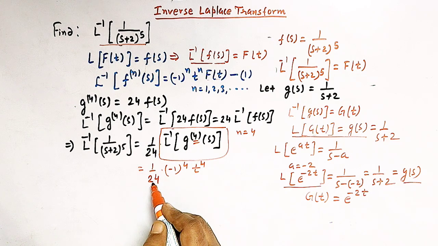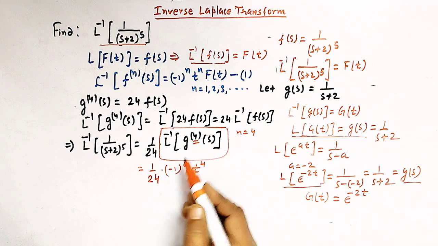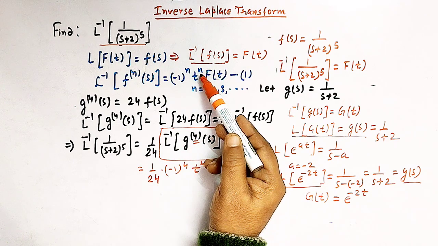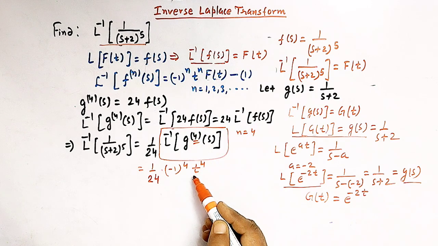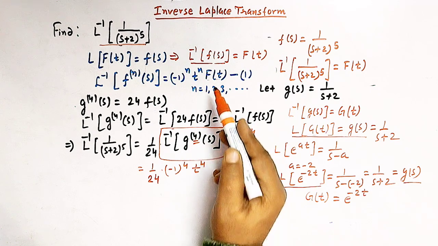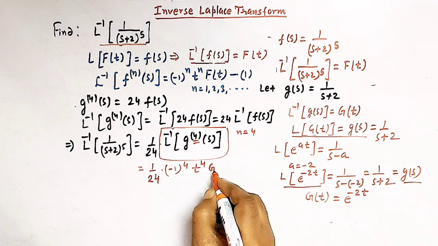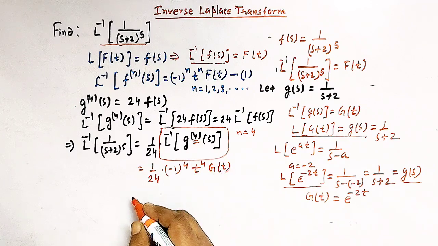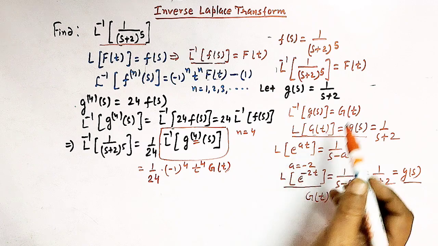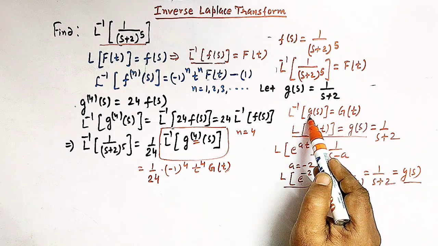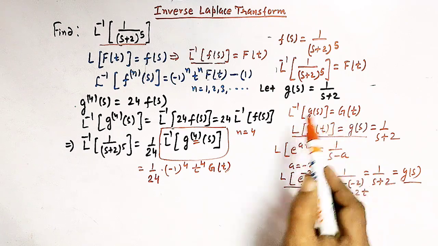So now let us come to this expression. Here we have 1 over 24 times minus 1 raised to 4, then t raised to n, that is t raised to 4. And for f of t, now we have to write here G of t, right? Because G of t corresponds to this small g of s, right?